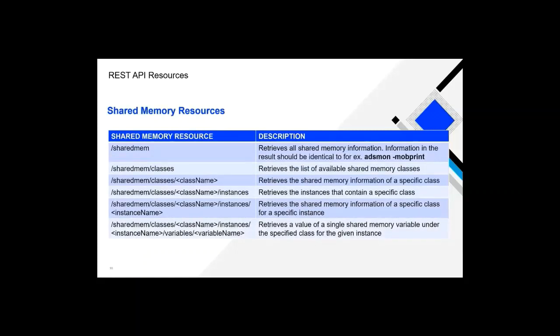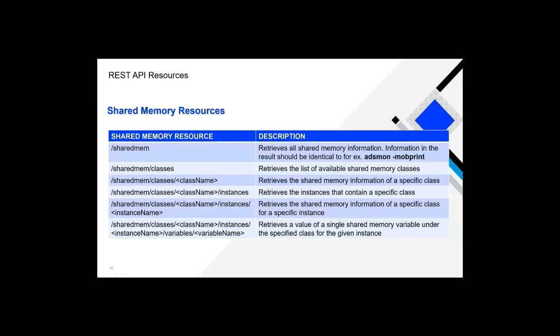The second resource that we provide is shared memory. The first one is probably the most typical use case. So if I want to retrieve all shared memory information, I can request the /sharemem resource. It's going to return the whole shared memory data. The result should be identical to adhmon -mapprint.